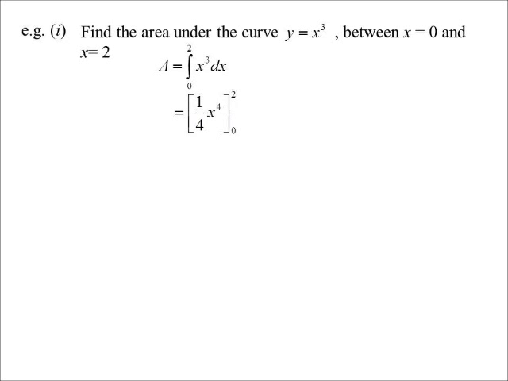Divide by that new power. And we're going to substitute in 2 and 0. So I can always factorise the quarter outside the brackets. You can always factorise constants, just not pronumerals in this sort of thing. So a quarter, 2 to the power of 4 minus 0 to the power of 4, 4 units squared. And that's how we worked out the exact value.